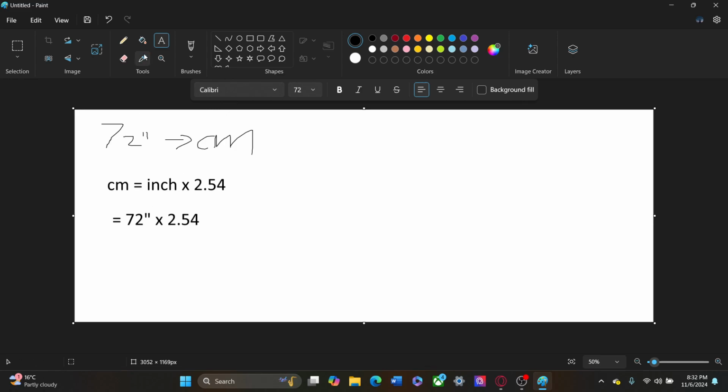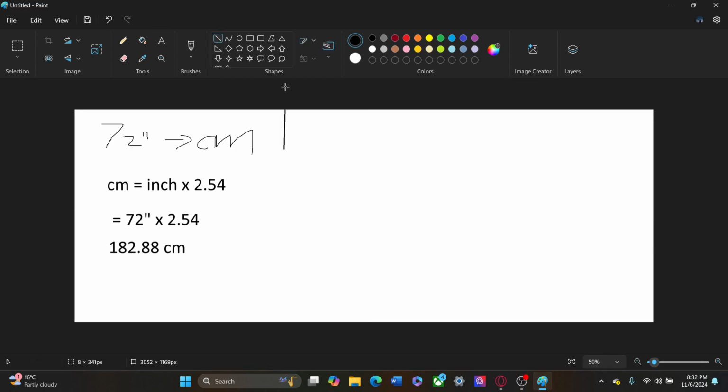We figured out that that equals 182.88. Now, what centimeters? Okay? That is in centimeters. And we know this because of one thing. We haven't done anything else, and we're only doing centimeters right now as well. That's how we know. Now, let's just extend this out.